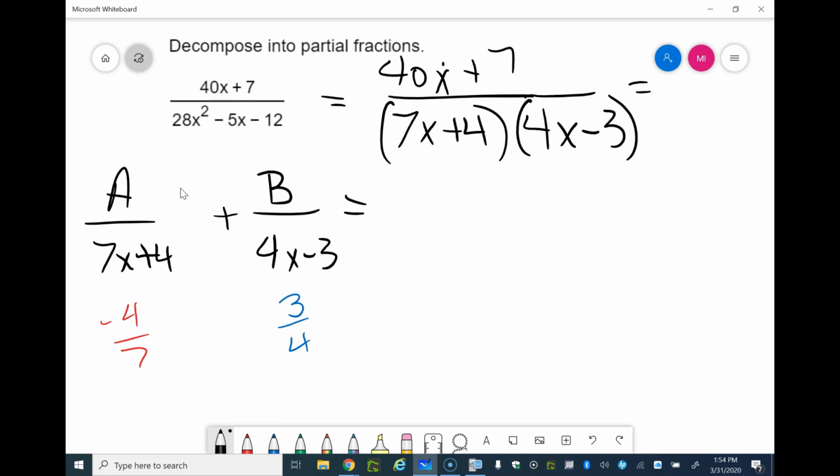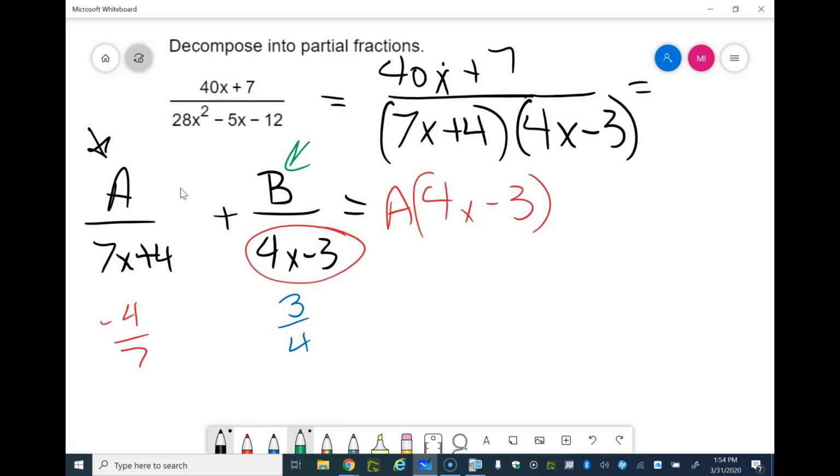So all this here, remember, we're going to figure out what's missing. So if I look on the A side, what's missing is going to be the 4x minus 3. So we're going to say both top and bottom 4x minus 3, and we're going to multiply it by the A. So for the B, what's missing is going to be the 7x plus 4.